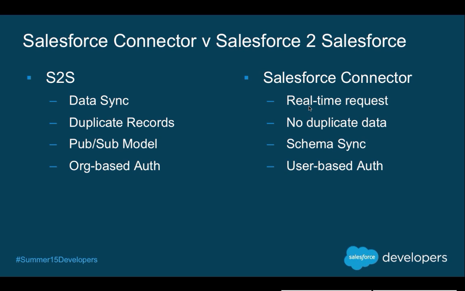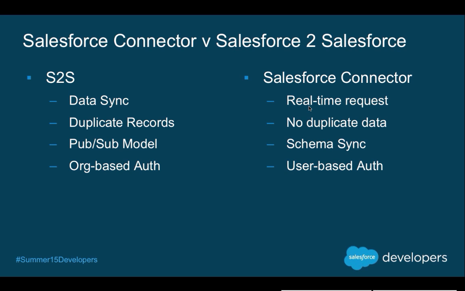First of all, with Salesforce to Salesforce, you are duplicating data using a data sync type of feature. However, with the Salesforce connector, it's a real-time data request with a virtual schema in the client with no duplicate data. Salesforce to Salesforce is a pub-sub type of model.